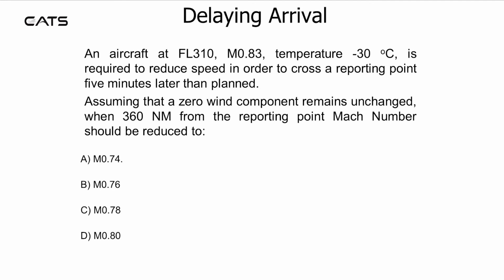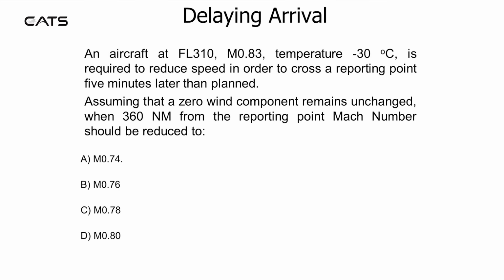Using the formula Mach number equals TAS over local speed of sound, first of all calculate the local speed of sound from the temperature minus 30 degrees Celsius. Add 273 to get 243 and take the square root of this to get 15.59.